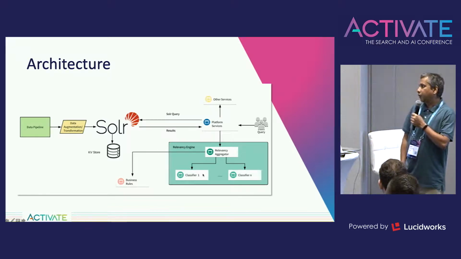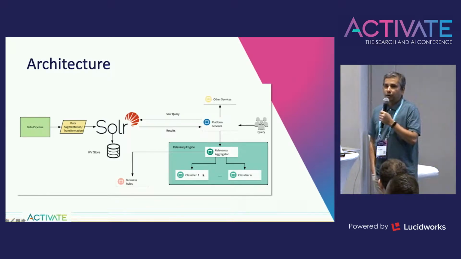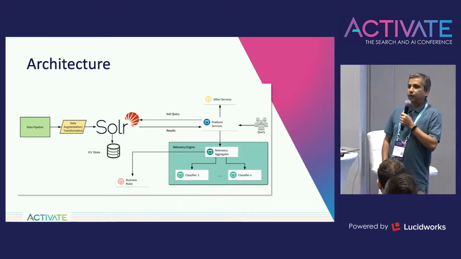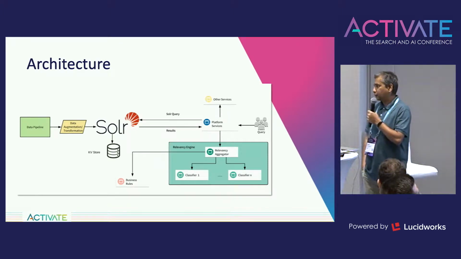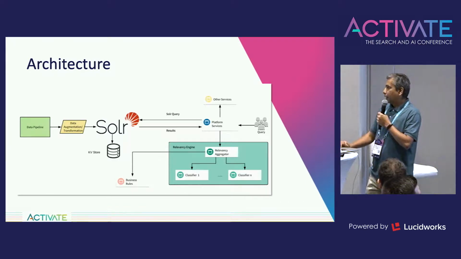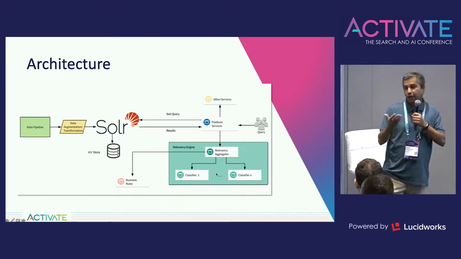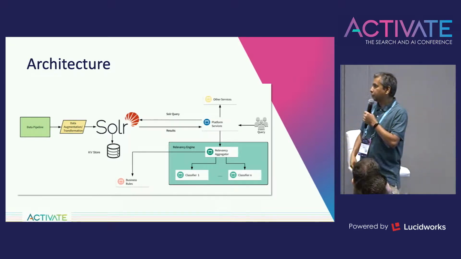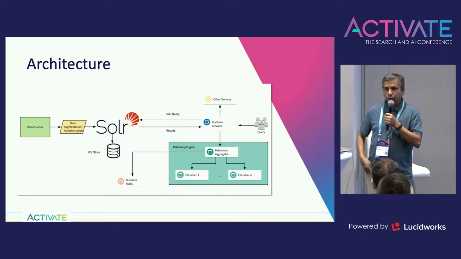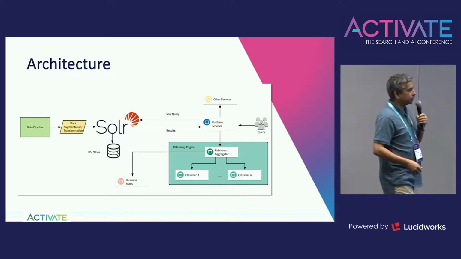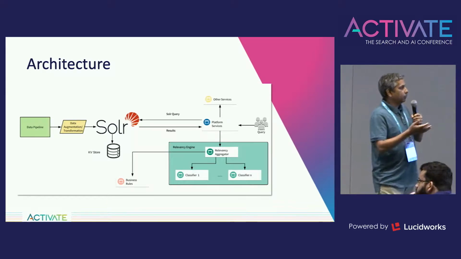You could think of the classifiers as an item type classifier, or a brand classifier, or a color classifier, and so on. You could have n number of classifiers there, and it calls these, gets the signals from the classifiers, aggregates them, and gives them to the platform services. The platform services aggregate everything from the other services as well, and form a Solr query essentially.